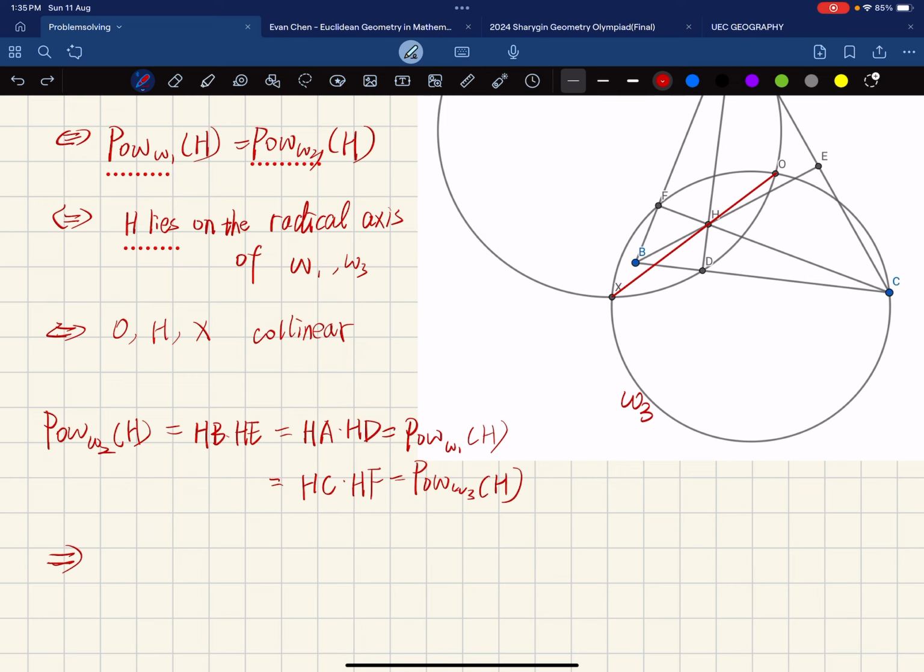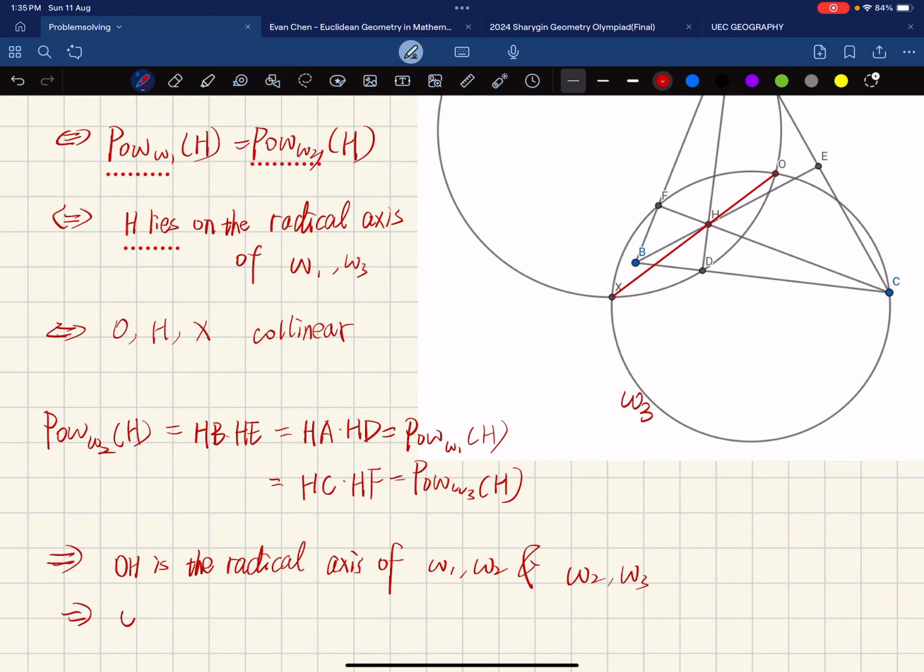Since O also lies on the radical axis of the two pairs of circles, we know that OH is the radical axis of omega 1, omega 2, and omega 2, omega 3.